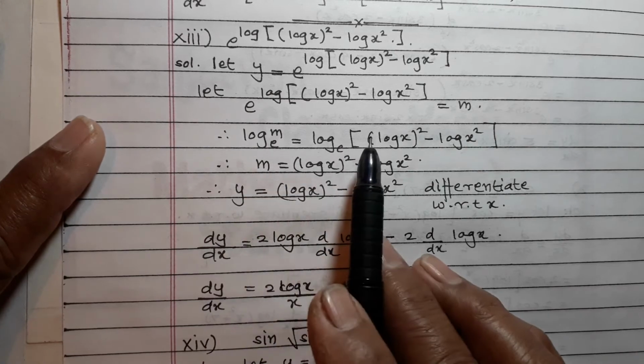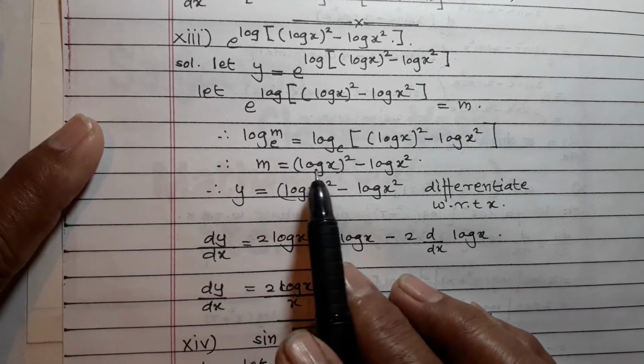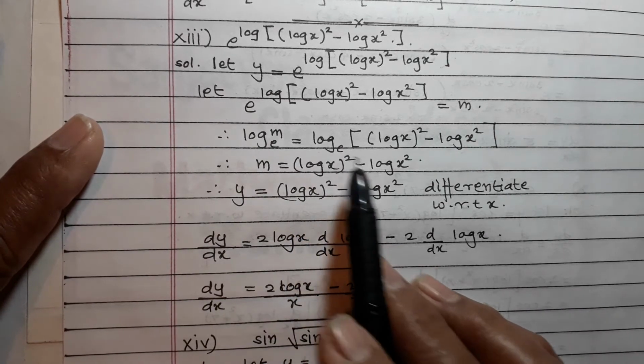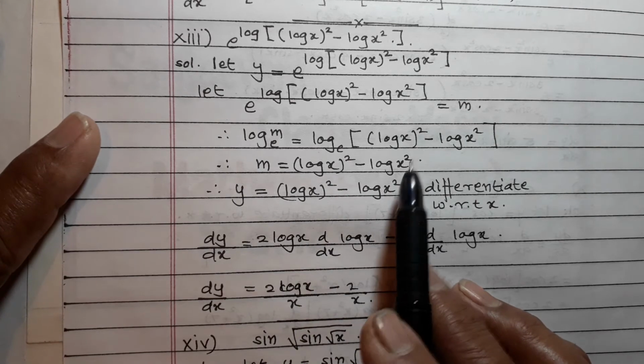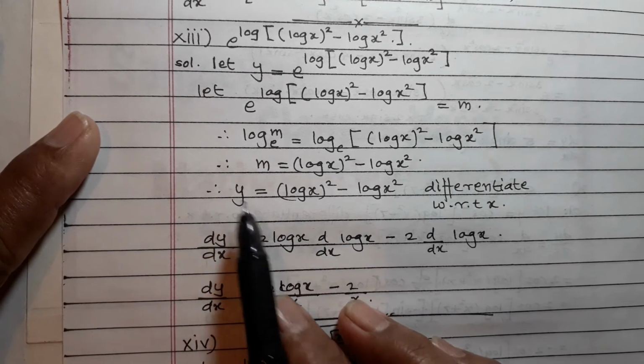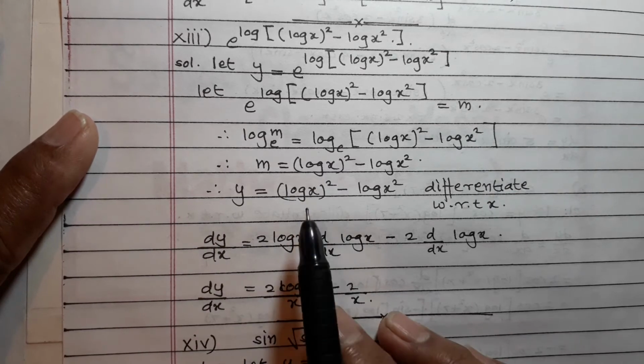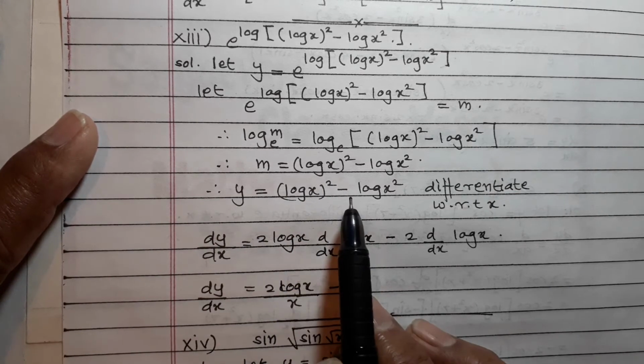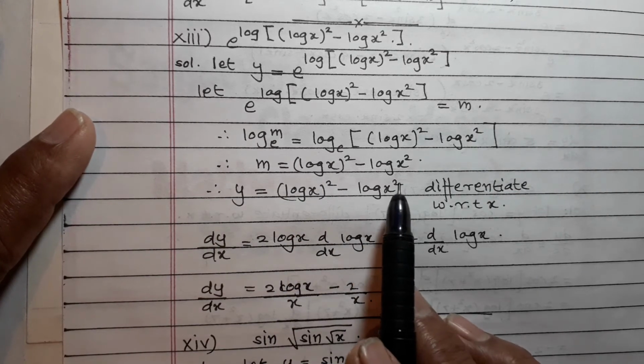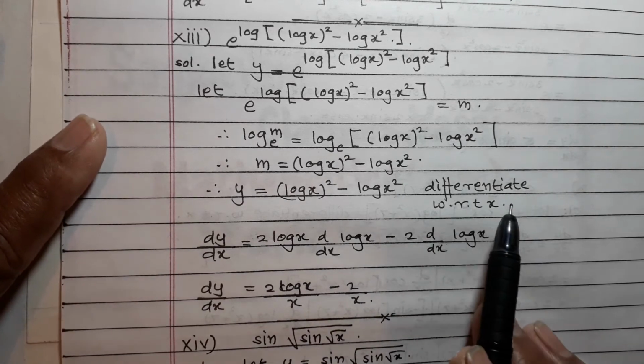Therefore, if you compare this, m is equal to (log x)² minus log x², and therefore y = (log x)² − log x².